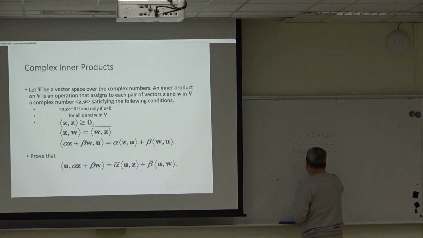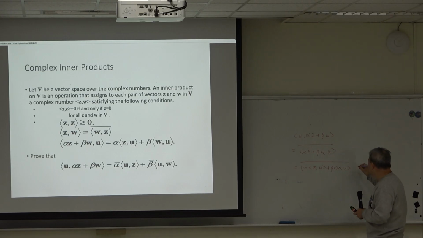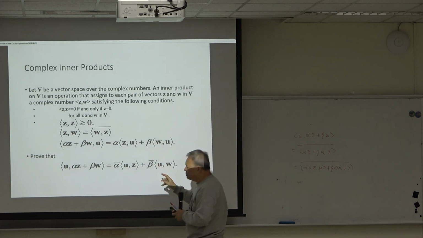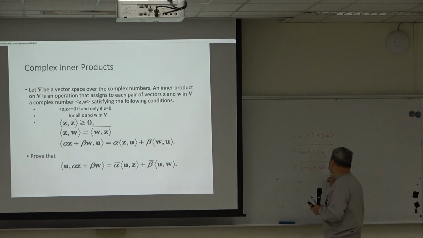So it's going to be the conjugate. Inside here we have alpha ZU plus beta WU. But here, it's UZ, UW, so the order here is wrong.